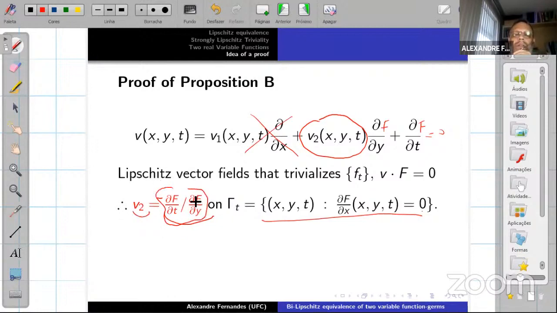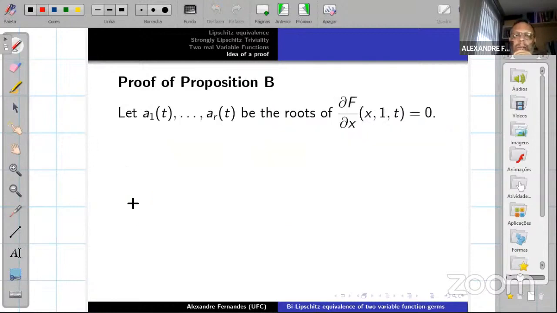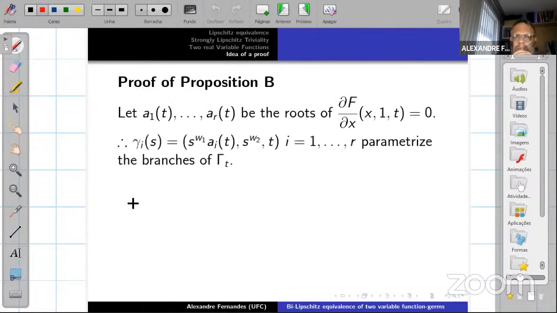But this quotient is weighted homogeneous, and this quotient is a Lipschitz function. Then we describe our polar set using just roots.